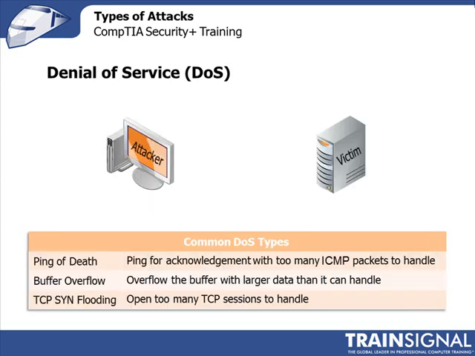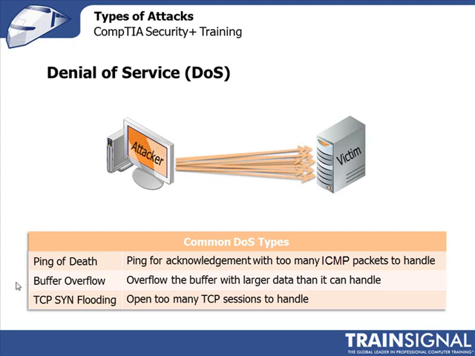Got another nifty diagram for you here. The first thing I'm going to show you is a type of denial of service attack called a ping of death, and that is where the attacker sends lots and lots of pings to the victim asking for acknowledgement. And the victim can't possibly respond to all of those pings, so it gets overloaded and good traffic can't get through.